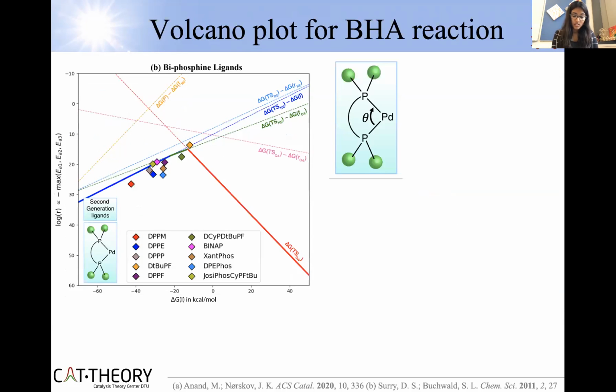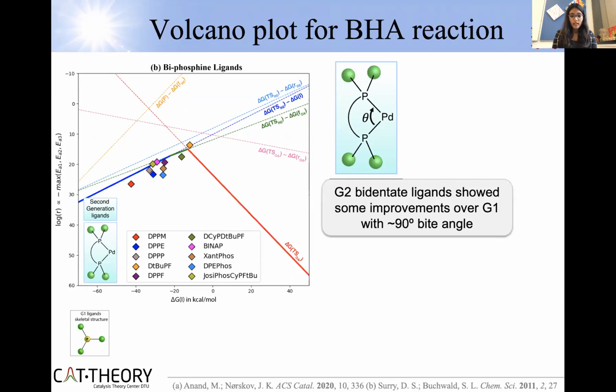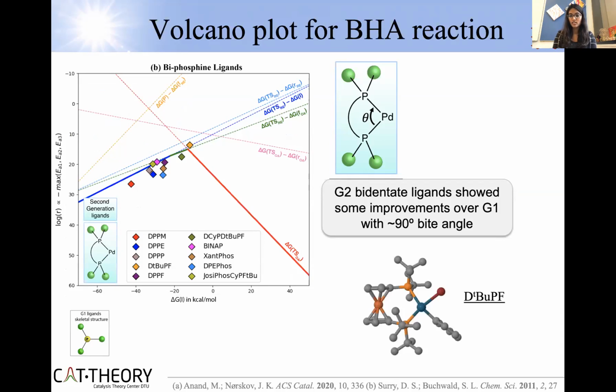Next come the generation 2 ligands. After the generation 1 ligand, we had the generation 2 ligands for this reaction, and those were basically biphosphine ligands as shown in this figure. It was found that generation 2 ligands, that's biphosphine ligands, that had a bite angle theta of around 90 degrees showed some improvements over the generation 1 ligands.